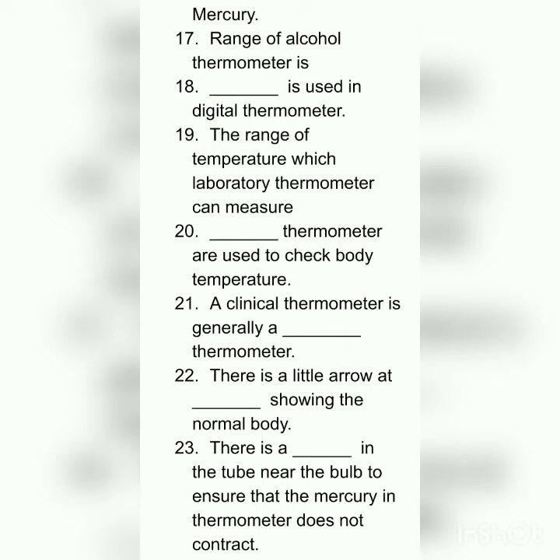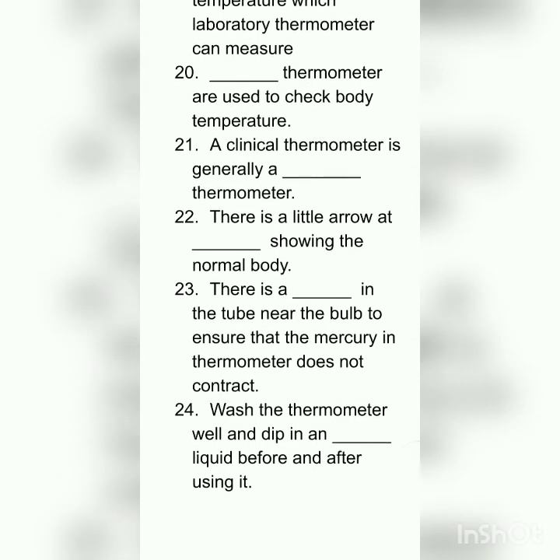A clinical thermometer is generally a mercury thermometer. There is a little arrow showing the normal body temperature. In some thermometers it is at 98.4 degree Fahrenheit and in some 98.6 degree Fahrenheit. So what is our normal body temperature? 98.6 degree Fahrenheit.